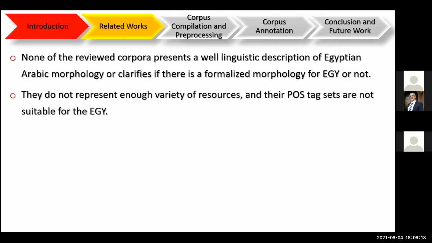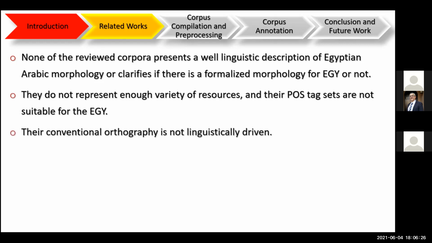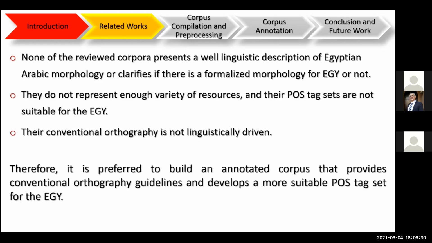They don't represent enough variety of resources, and their POS tag sets are not suitable for EG. Their conventional orthography is not linguistically driven. Therefore, it is preferred to build an annotated corpus that provides conventional orthography guidelines and develops a more suitable POS tag set for EG.